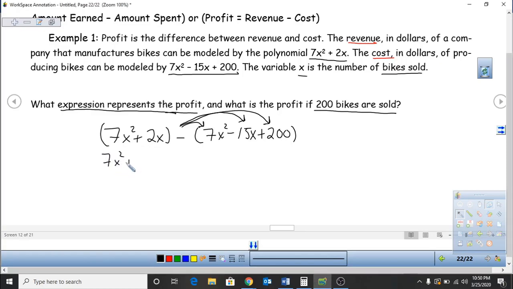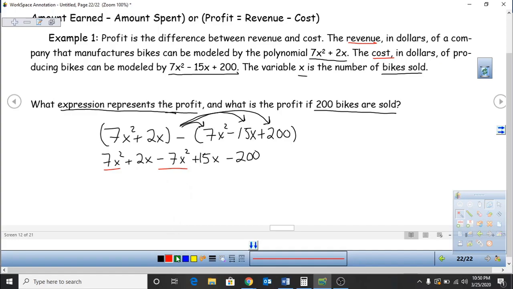So I'm going to start by rewriting this. There's no negative here, so I just write 7x squared plus 2x. Now this minus is going to affect the 7x squared because it's going to turn into minus 7x squared. This is going to turn into plus 15x, and this is going to turn into a minus 200.